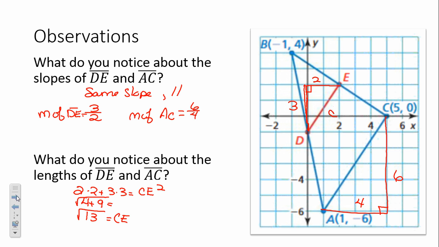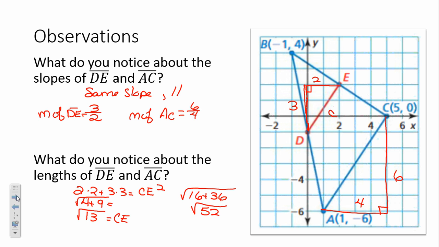Okay. Now we've got to use the slope. It's really a hybrid of a distance formula, right? Use the Pythagorean theorem to figure out what this distance is between C and A. So 4 squared plus 6 squared, how much? 52. 52 has a perfect square in it.